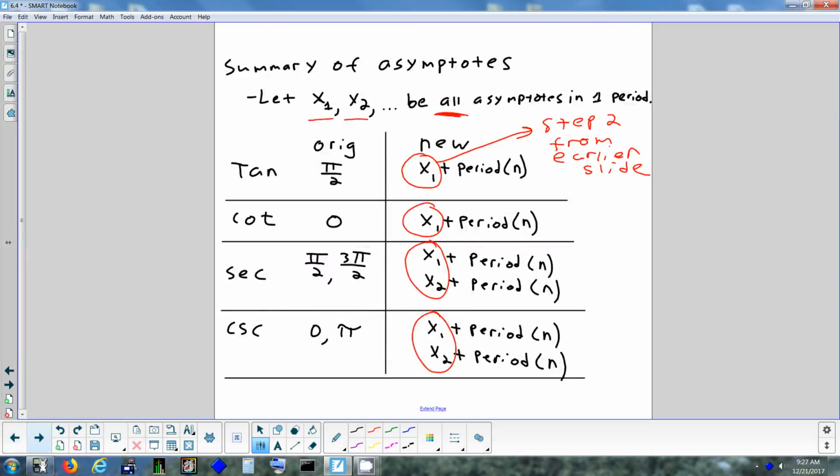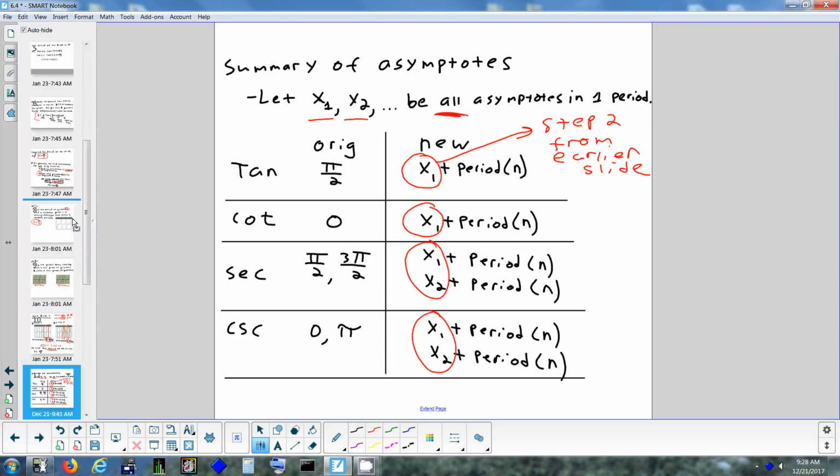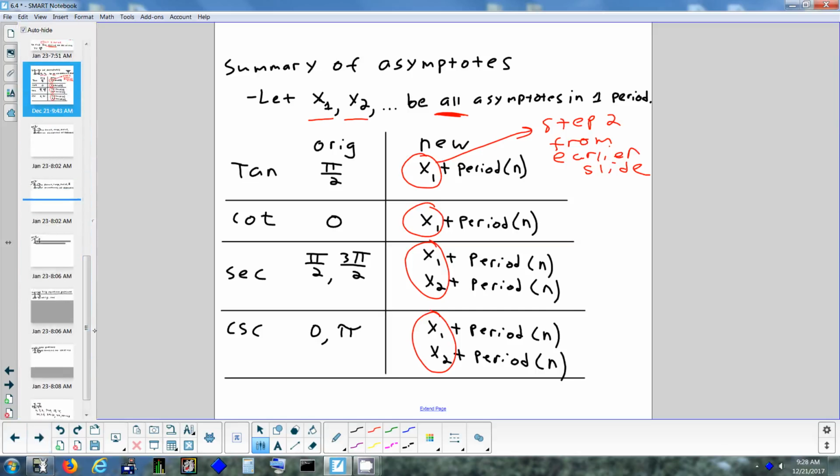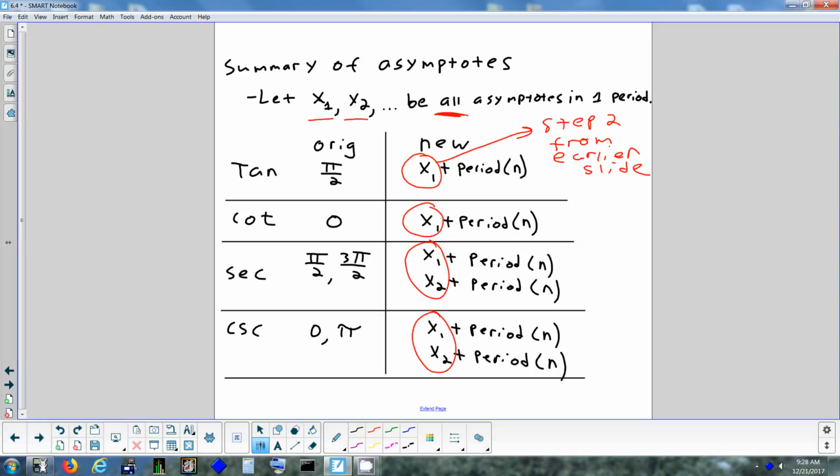In calculus, it's definitely handy to remember these asymptotes, like to just know, oh, tangent, the first asymptote is pi over 2. Cotangent, 0. For now, if you want to make a chart and reference it, that's fine. Any questions on the table?